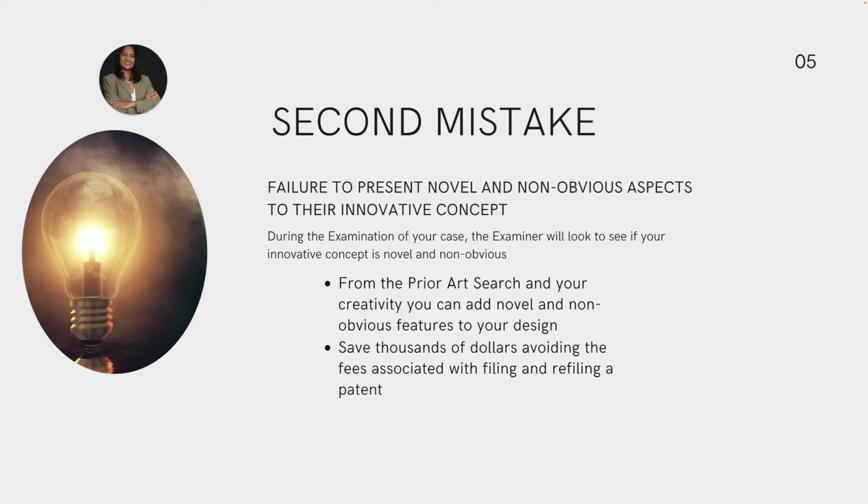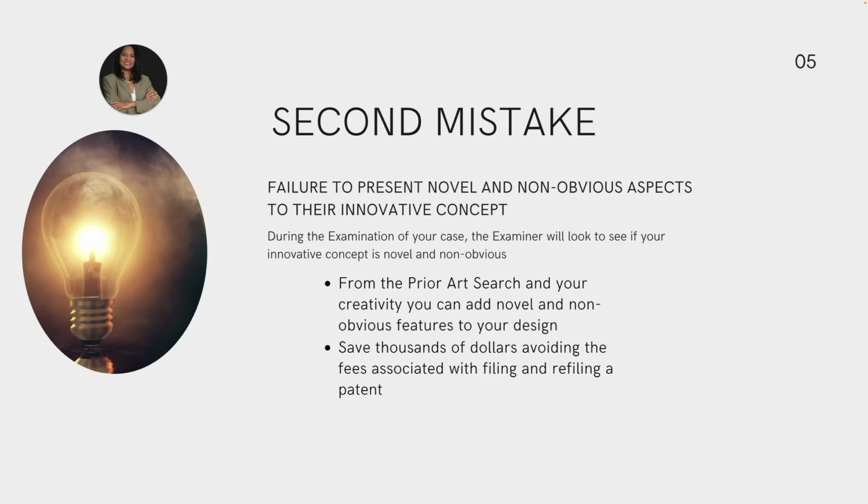You've got to make sure that there aren't portions of your innovative concept that are found in other patents. And so from the previous solution to the first mistake, from your prior art search, you can creatively look for your innovative concept, and then look to see what other people have done, and then design around what's already there.